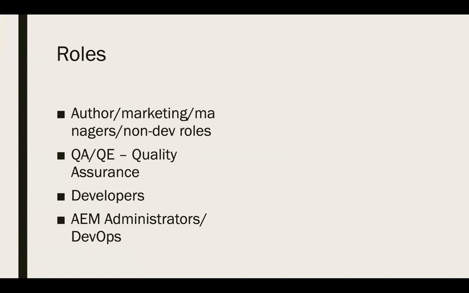Same is the case with Ramachandra. But basically, you have authors. Who are all the authors? It could be marketing people that want to enter content. It could be managers, marketing managers or any other managers, that are approving the content, and any non-developers for that matter.